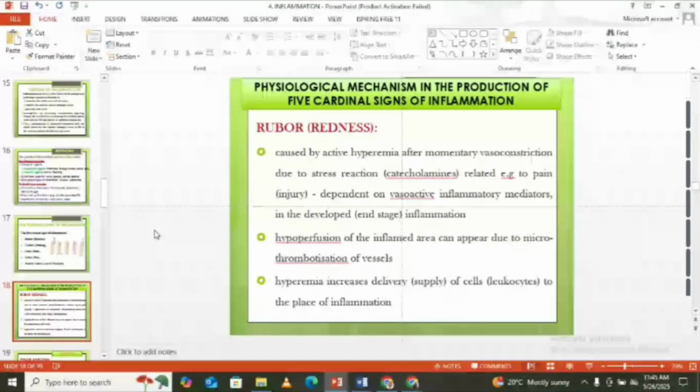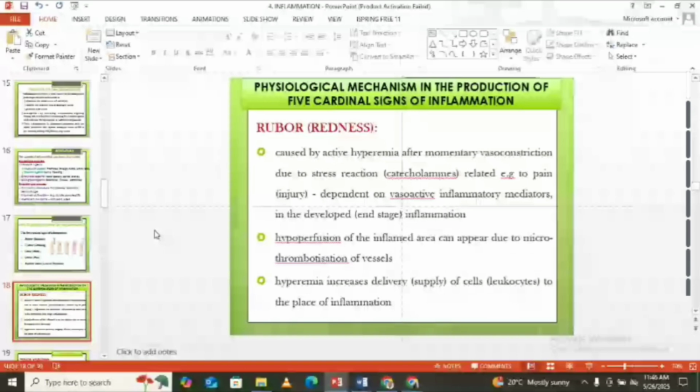Usually we want to look at what are those physiological mechanisms that lead to the production of those 5 cardinal signs. When you get to see those cardinal signs, what are the physiological changes that have happened to the body that have led to the presentation of those signs?